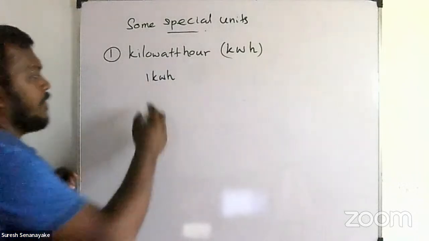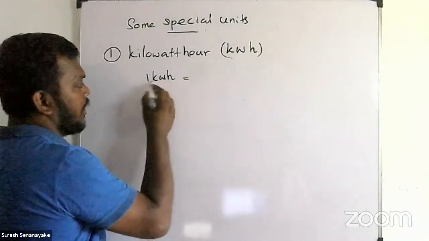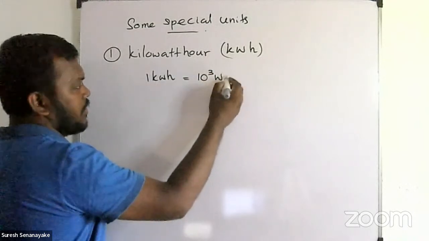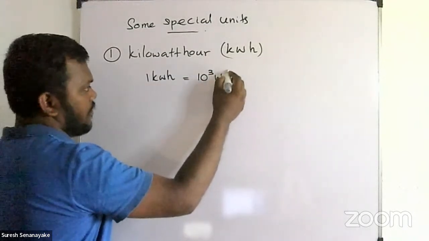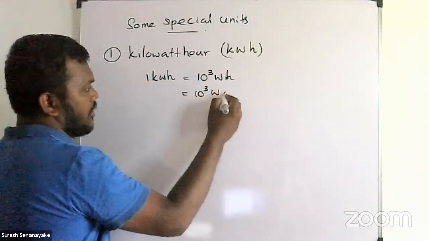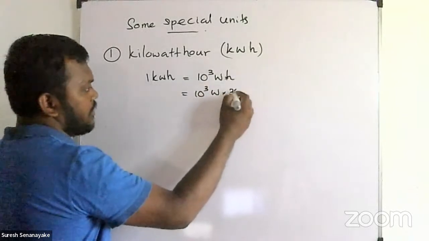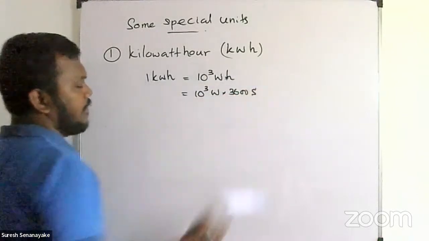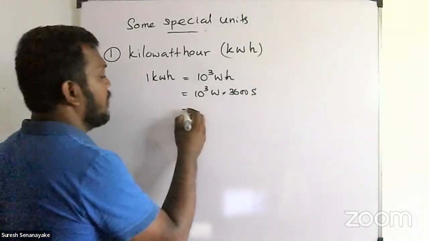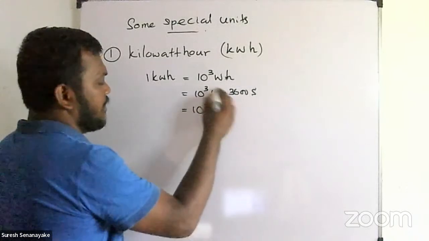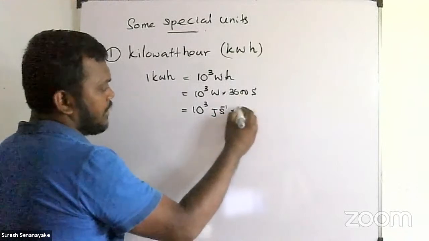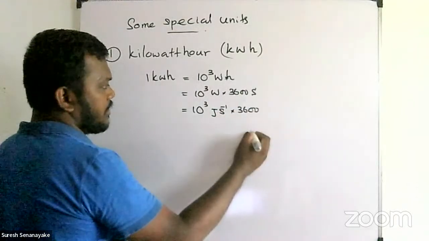So you can write 1 kilowatt hour: kilo means 1000, so 1000 watt hour. The hour means 3600 seconds. In the SI system, 1 watt is joules per second, times 3600 seconds.